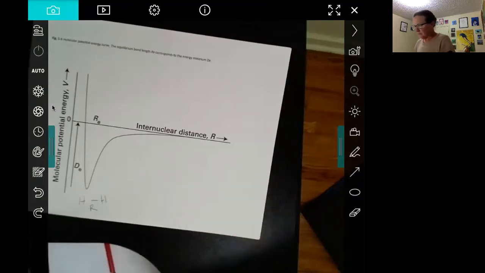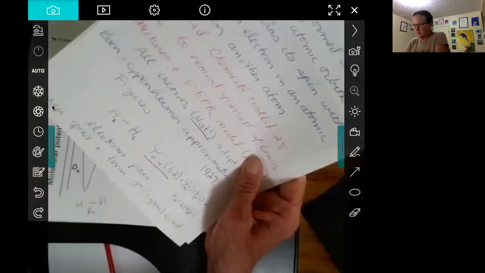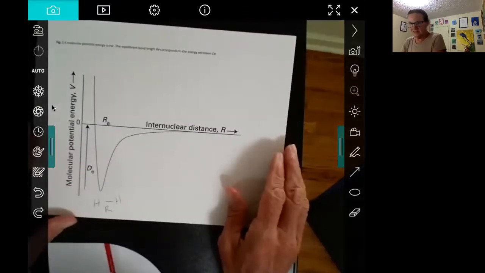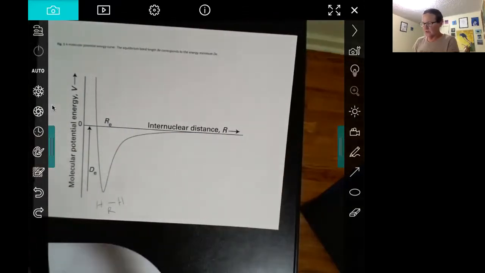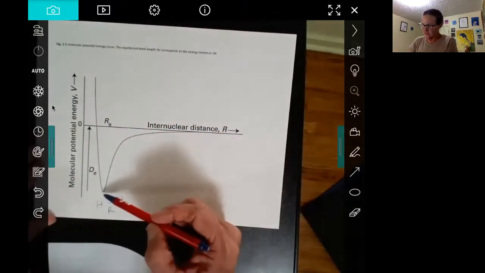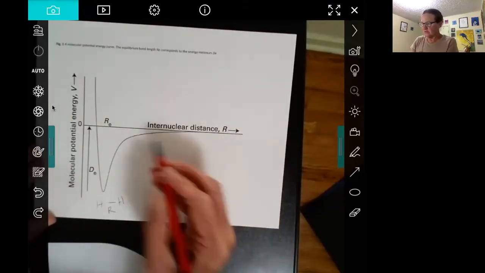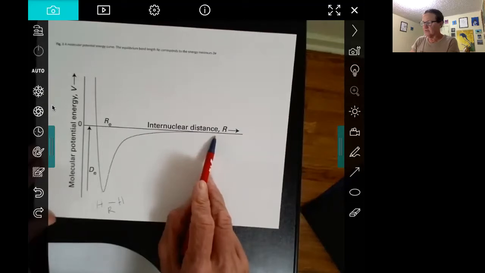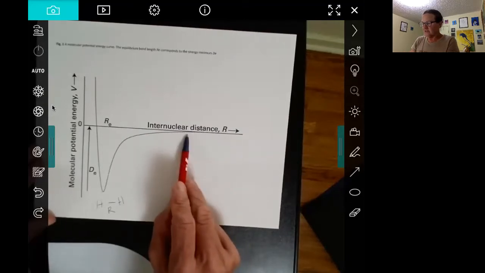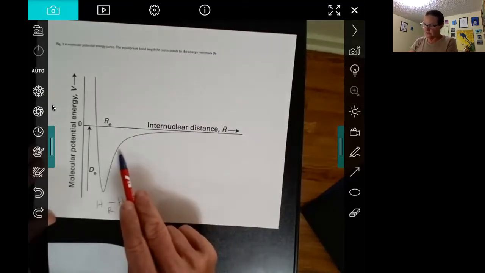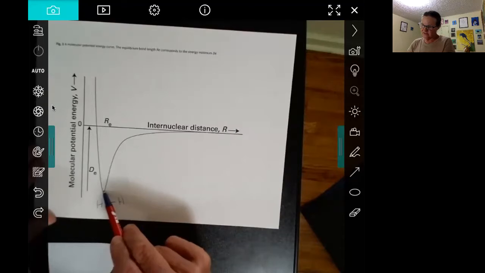So when that bond is formed, we're going to find that we have a potential energy surface that shows you when the bond's formed, we're at a point of minimum energy. So the energy goes down as the particles come together. So if this is internuclear distance, at long distances, the energy isn't as good as at this point.